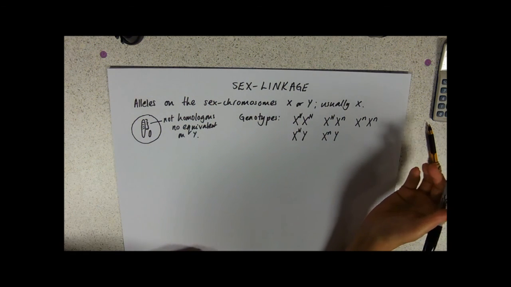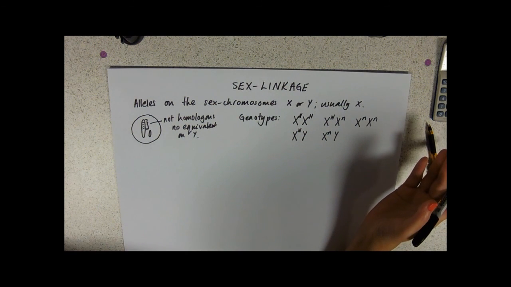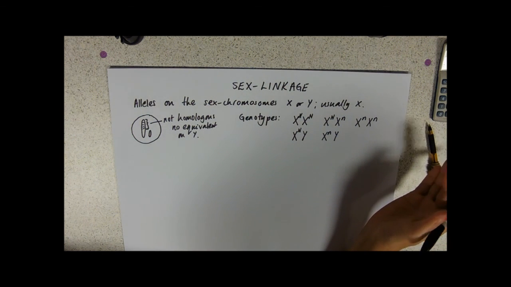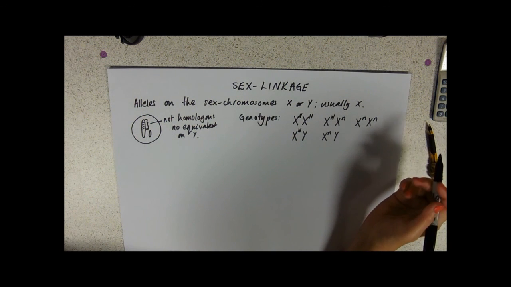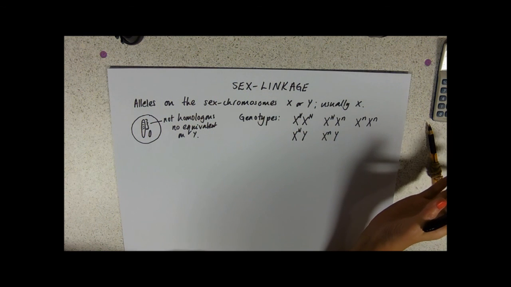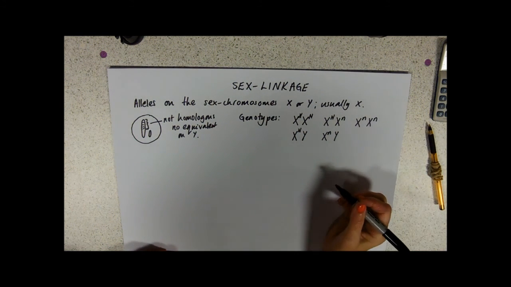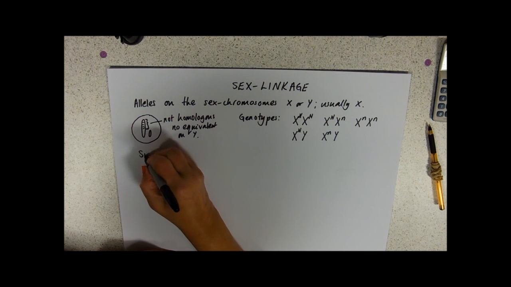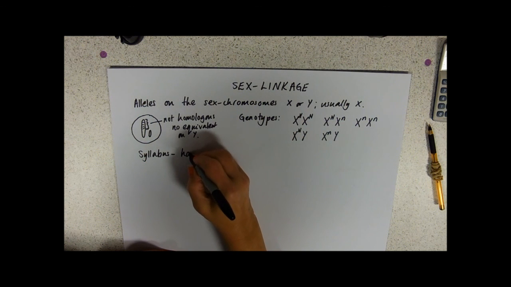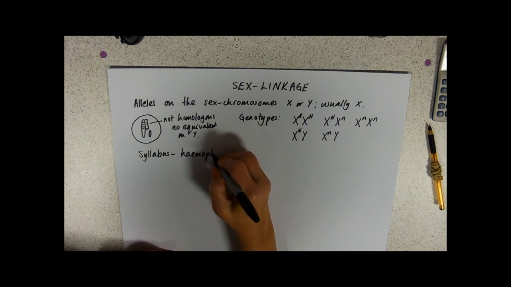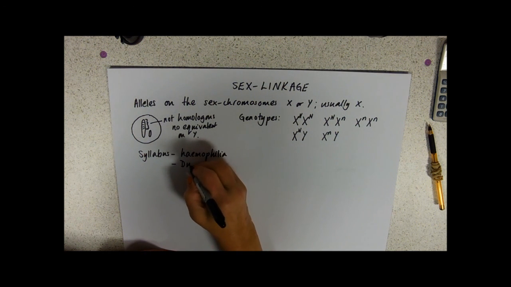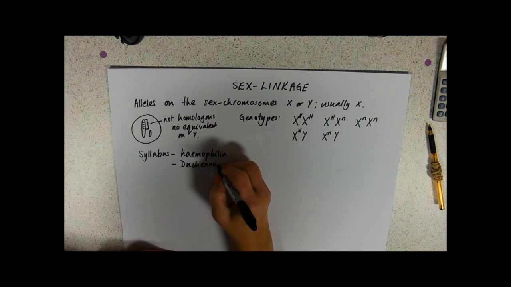So there are a number of sex-linked things that you can be asked about. Coat colour in cats, very famous, where the heterozygotes display a different phenotype. There are also some sex-linked conditions, and the ones that you need to know that are on your syllabus are haemophilia and Duchenne's muscular dystrophy.